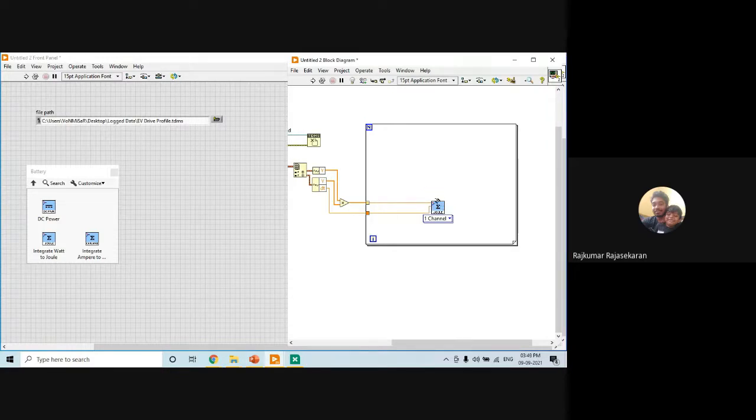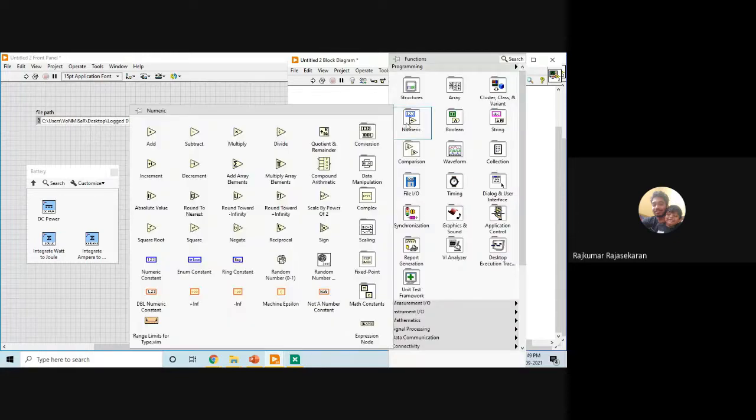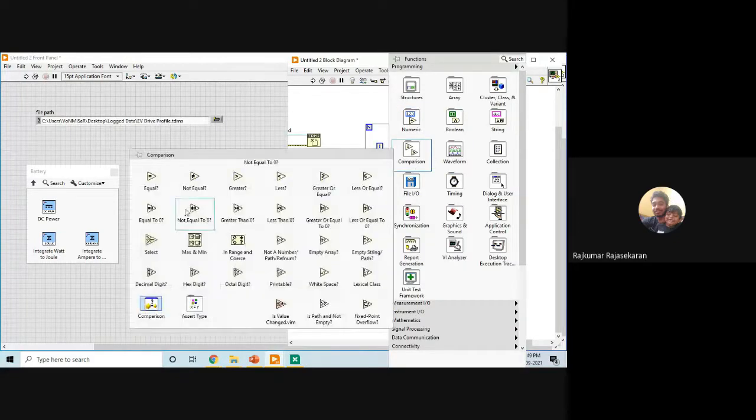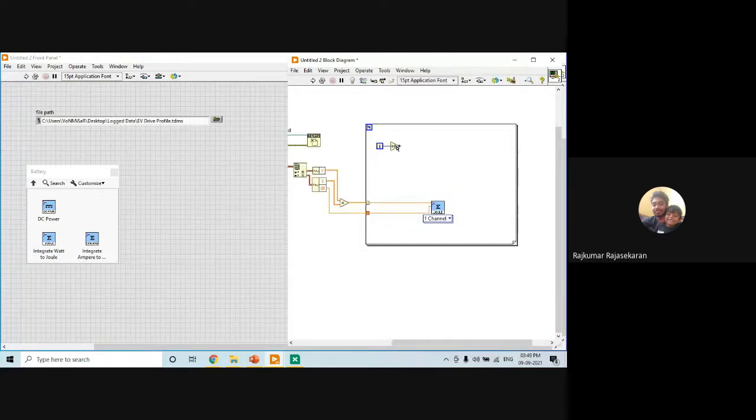And possibly only the first iteration should be reset. This basically is the iteration terminal. The for loop is going to start with 0, so I'll check whether it's equal to 0. If it is equal to 0, the first iteration alone should be reset, and the upcoming ones are not going to be reset.